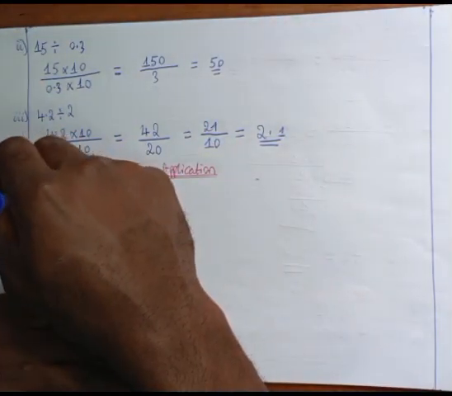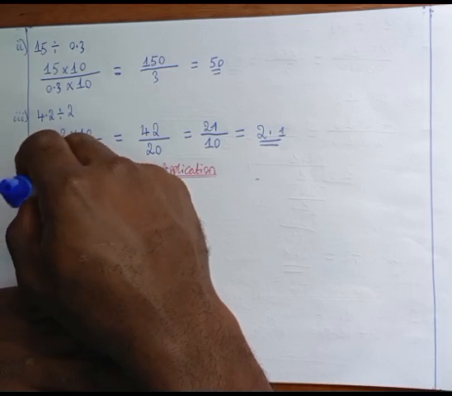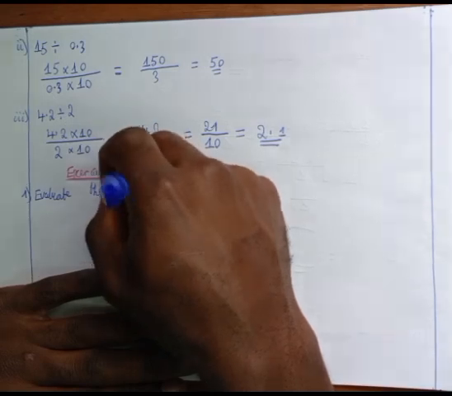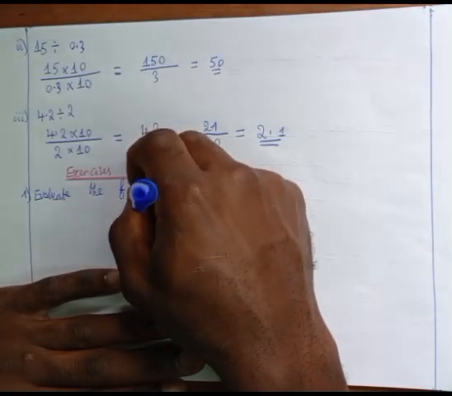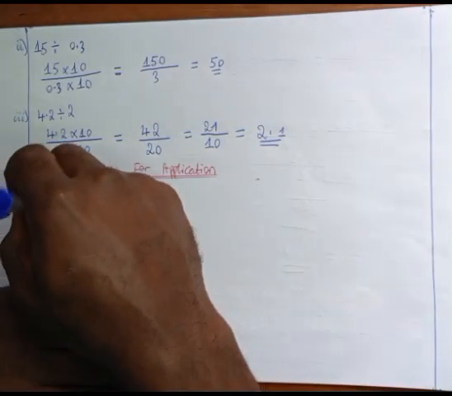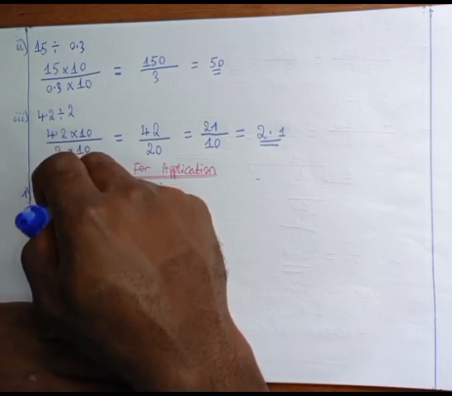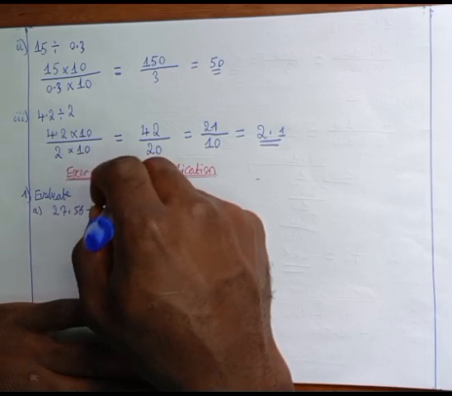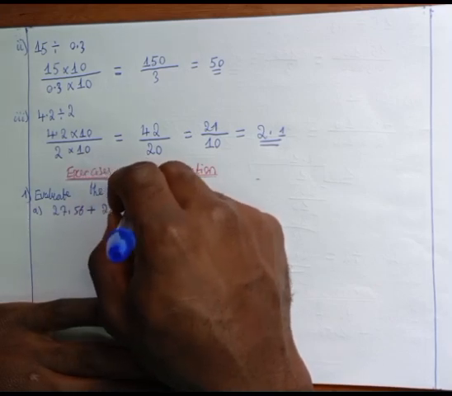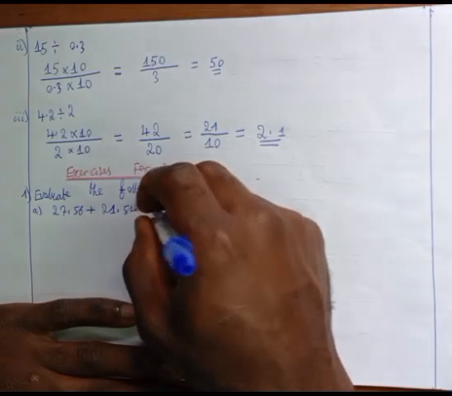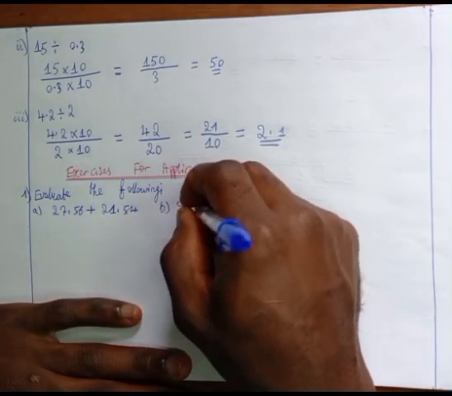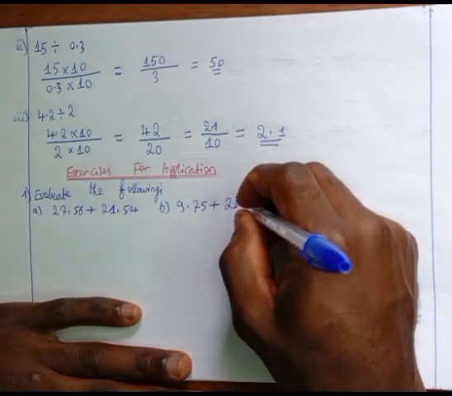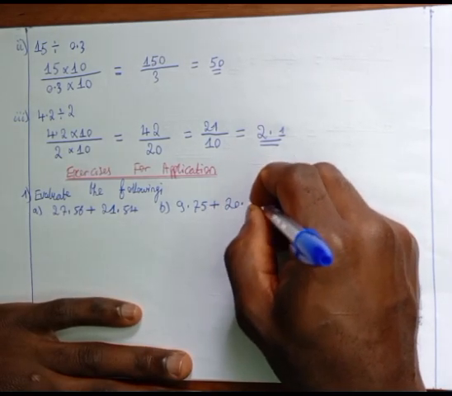Question 1 says evaluate the following. For A, we have 27.56 plus 21.54. For B, we have 9.75 plus 20.325.